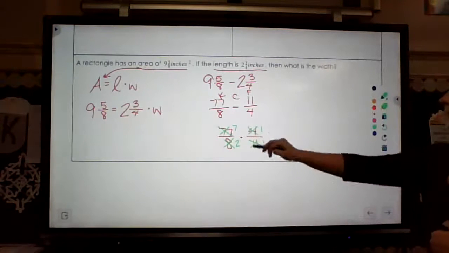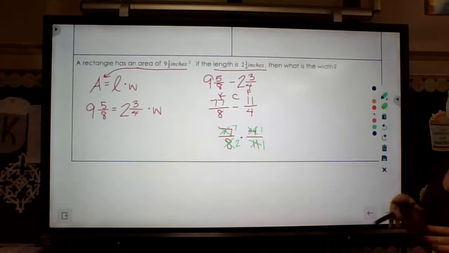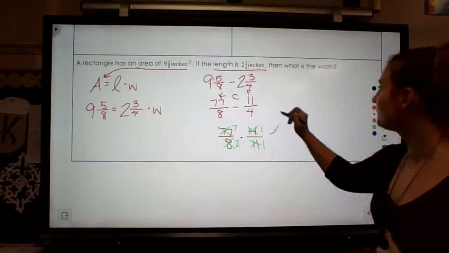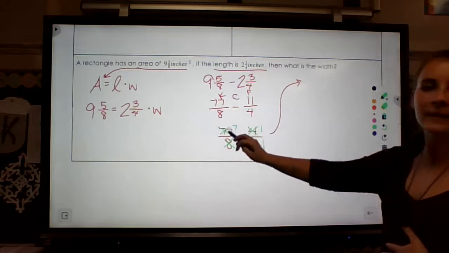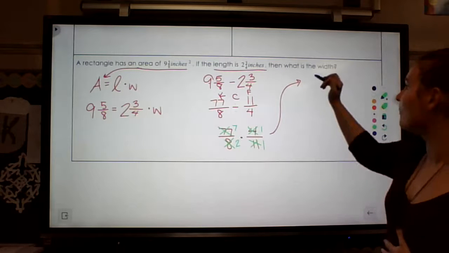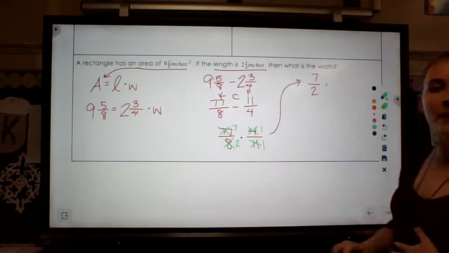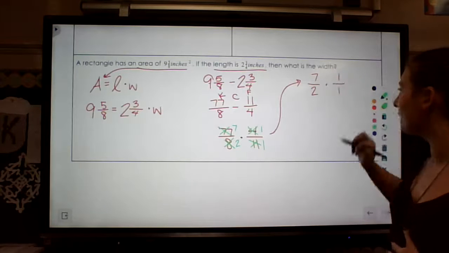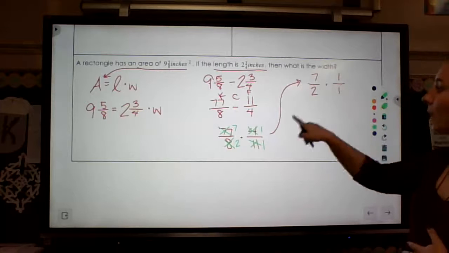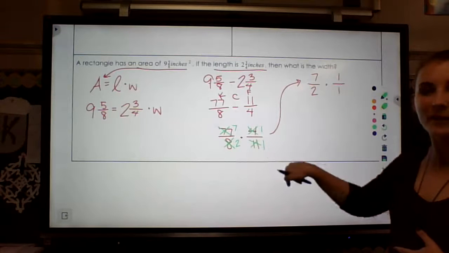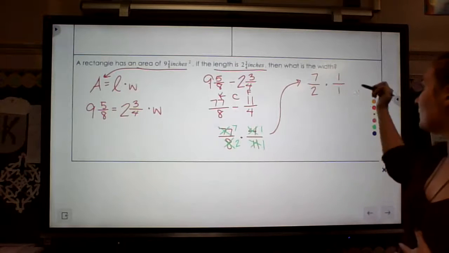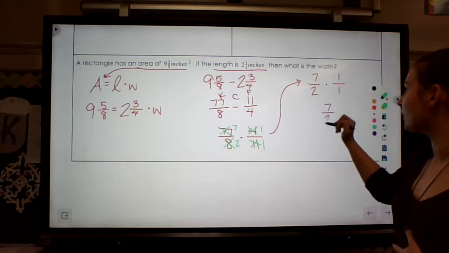I'm going to go ahead and rewrite this division problem with my new numbers because I have a lot crossed out there. Instead of writing 77 over 8, I'm going to write my new numbers, 7 over 2. Instead of writing 4 over 11, I'm going to write my new numbers, 1 over 1. And that is way easier to do math with than 77 times 4 and 8 times 11. So when I multiply straight across, I get 7 over 2.